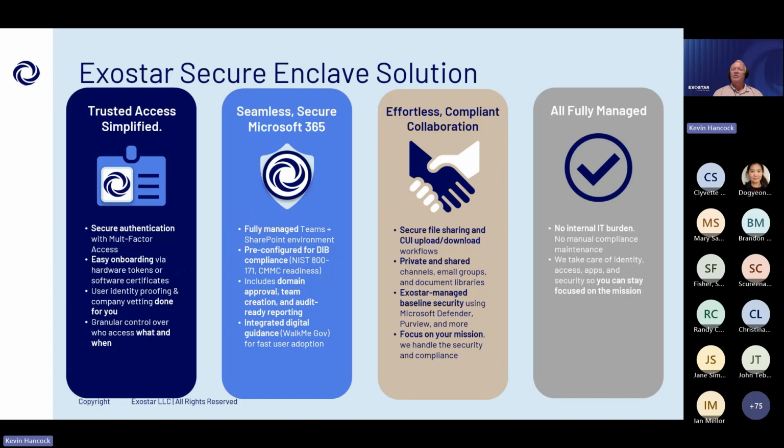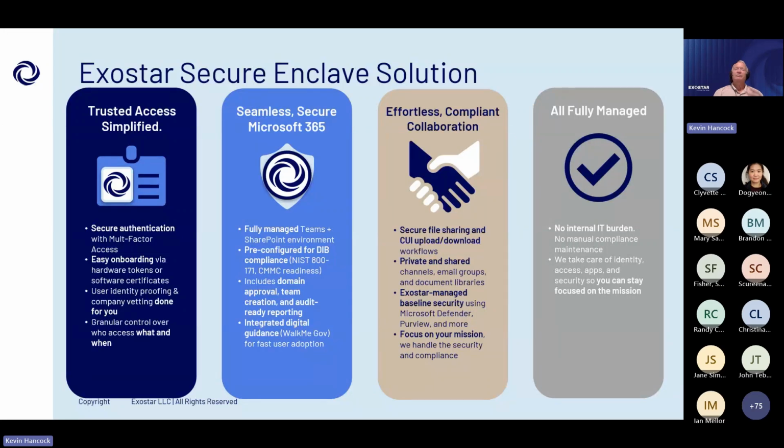So our solution really consists of a number of different components. It starts with Exostar's managed access gateway. This is what many of you use today to access a number of DoD prime supply chain portals and other things when you're working around supply chain collaboration.